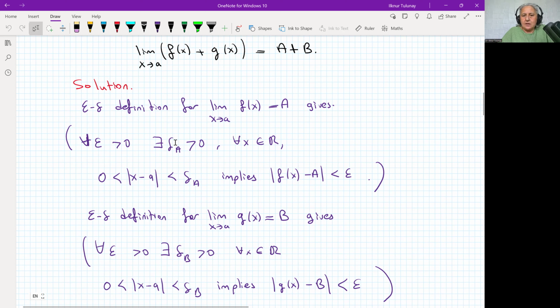And there exists a delta A bigger than 0, such that for all x in R, this inequality implies this inequality.